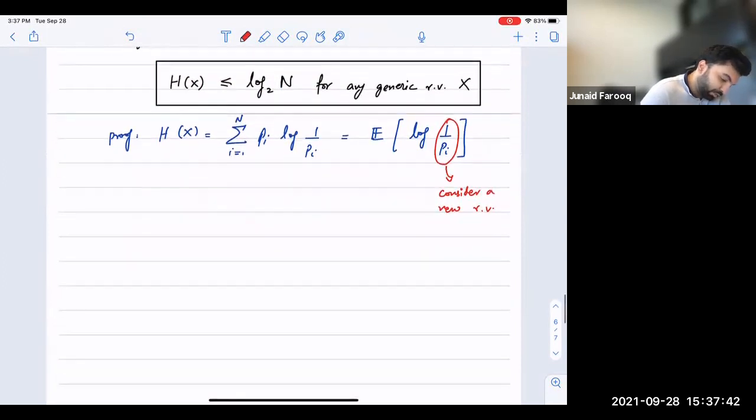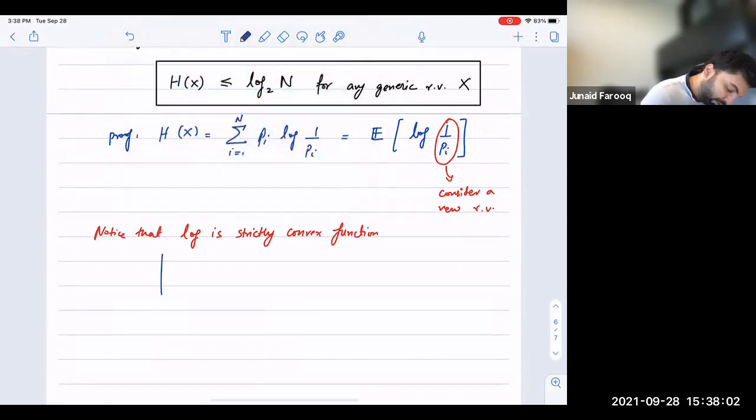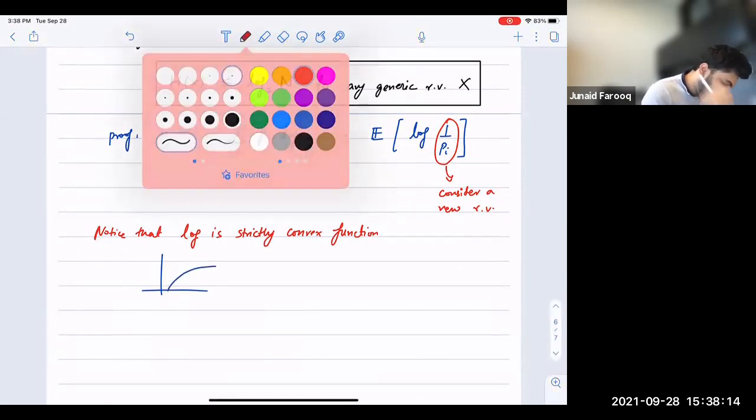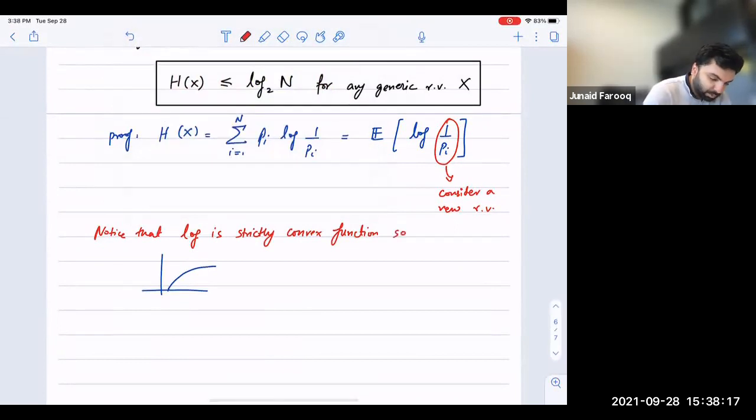Now notice that log is a strictly concave function, right? What that means is basically there's a curvature. By Jensen's inequality, there's an inequality which is called Jensen's inequality.